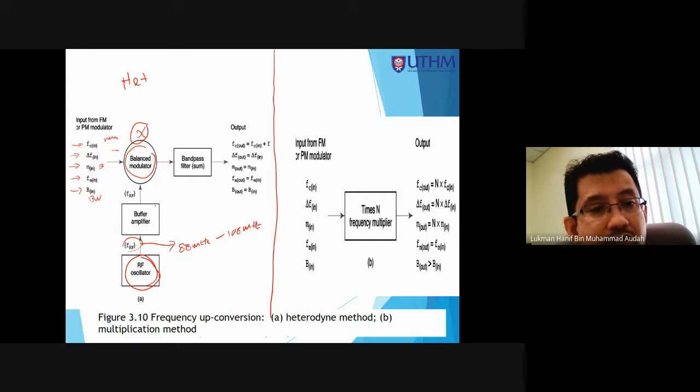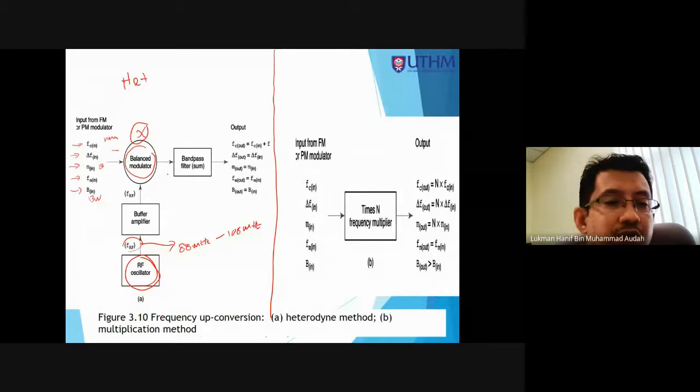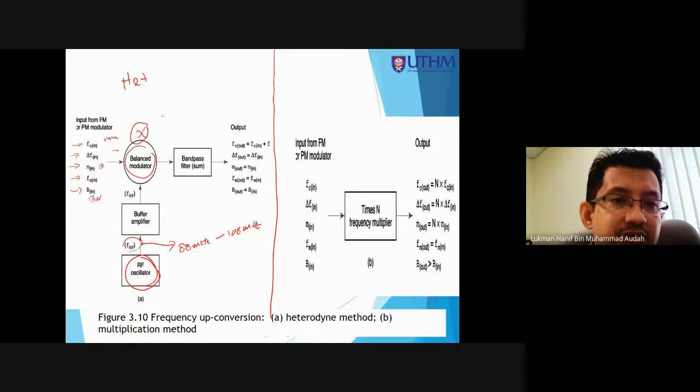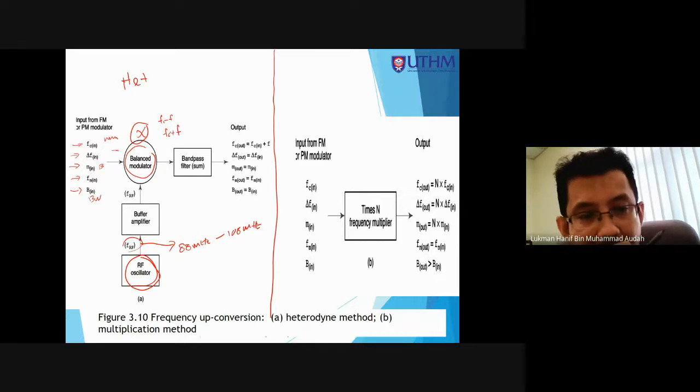Okay. So put inside the balance modulator. So what happened is that we're going to produce lower sideband and also the upper sideband. Okay. That means here going to be FC minus F and also FC plus F at the output. Okay.